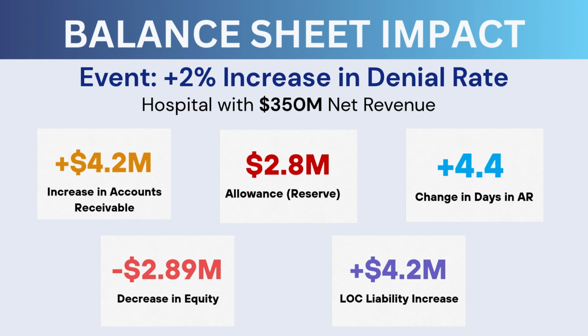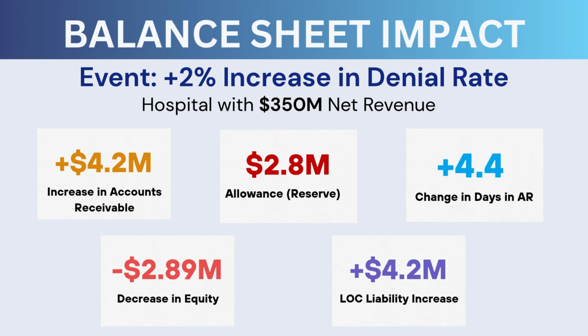So that is going to appear in your allowance for doubtful accounts, or your reserves. And then you're going to see the net income loss appear again in the equity as a reduction of $2.89 million in equity. And then our line of credit borrowing is going to increase our liabilities on the balance sheet.